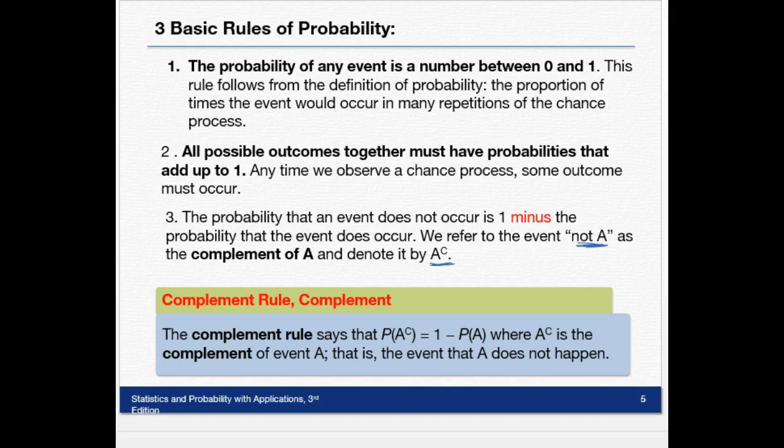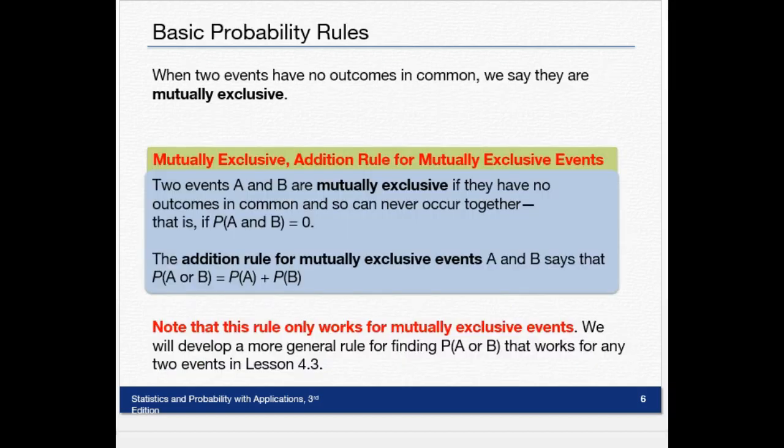So here it is in formula. The complement rule says that the probability of A complement is 1 minus the probability of A, where A complement is the event that A does not happen. We're going through theory and I'll give you examples, don't panic.